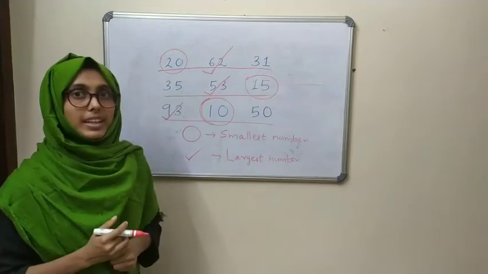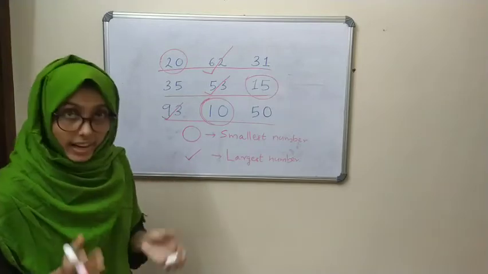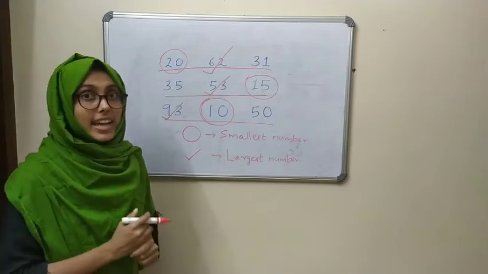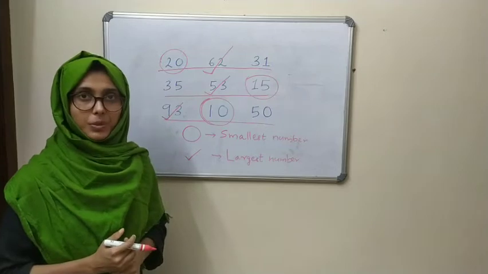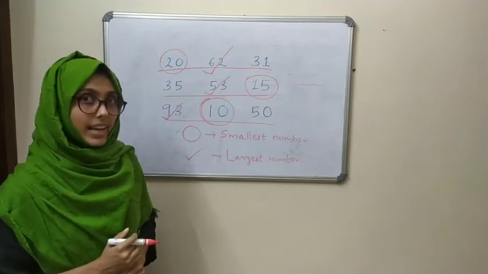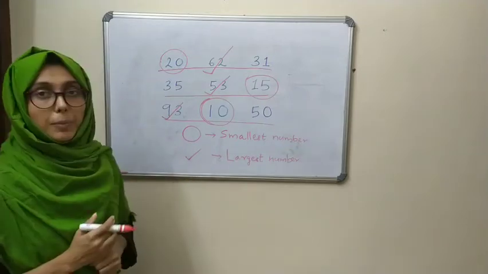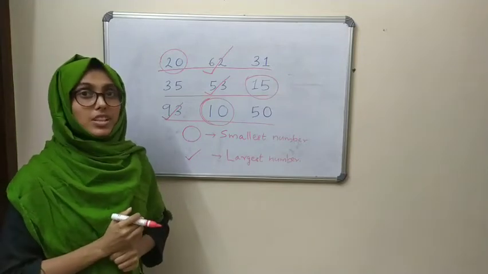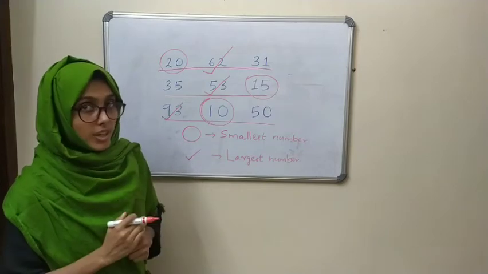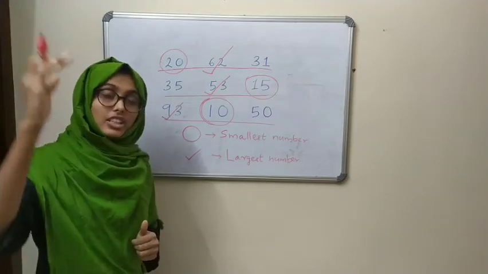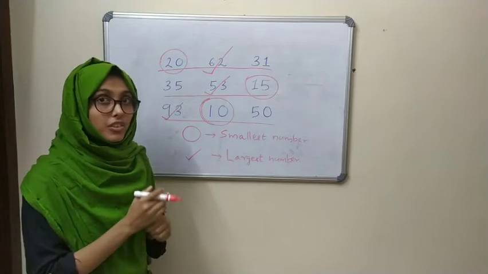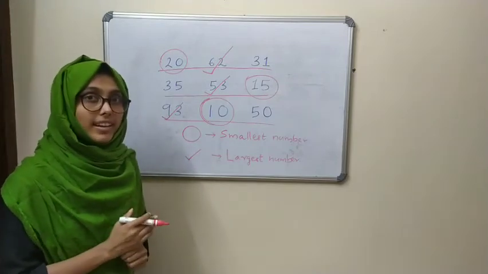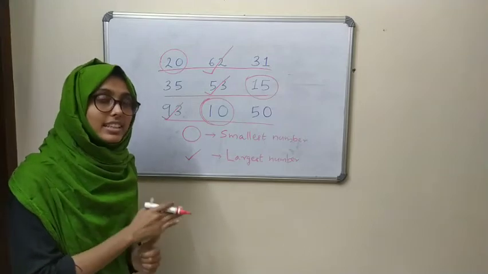Now you want to write the smallest numbers in the ascending order. Okay? And you want to write the largest numbers in the descending order. Ascending means first you will write the smallest number and then you will write the number larger than the smallest.